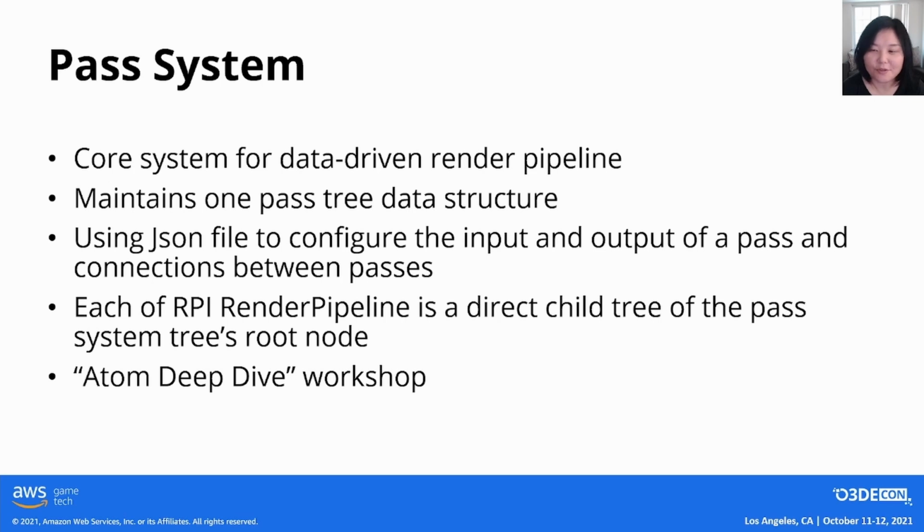This tree structure can be constructed from some pass files. The pass file is a JSON file. It contains input and output of a pass and the connections between passes. Each render pipeline has a pass tree, and its root is a direct child of the pass system tree root.